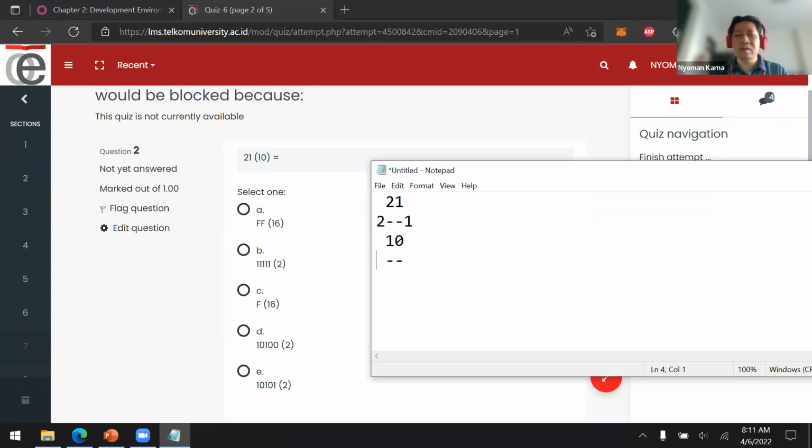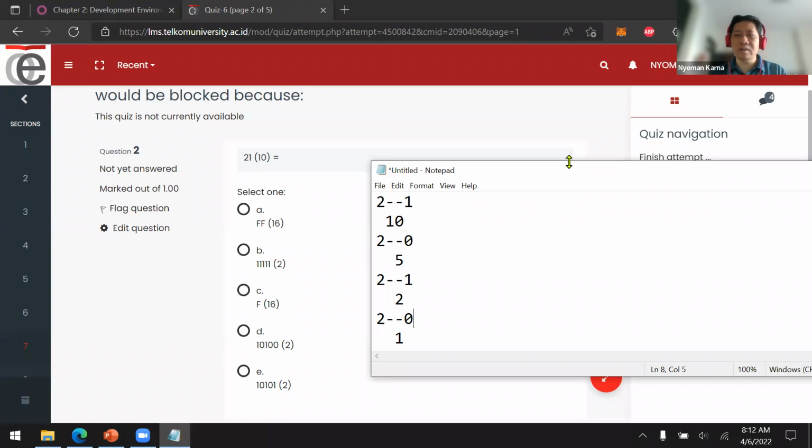Divided again by 2, we get 5 with the remainder of 0. Divided by 2 again, we have 2 with the remainder of 1. Divided by 2 again, we have 1 with the remainder of 0.